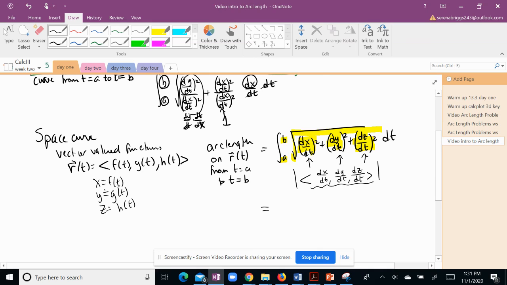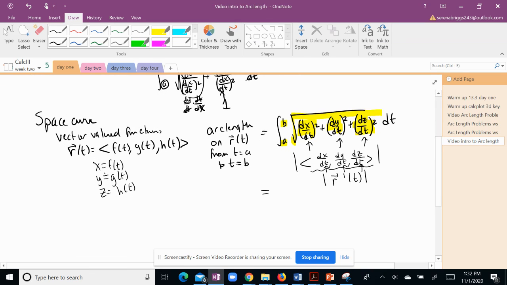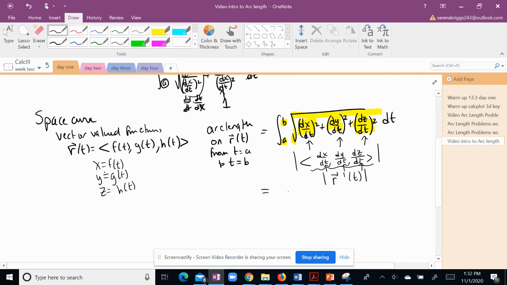And that vector, which is the derivative of the x component, y component, z component, to give you a new vector valued function, is the magnitude of r prime of t. So a faster way to write this arc length calculation is from t equal a, t equal b, the magnitude of the tangent vector dt.